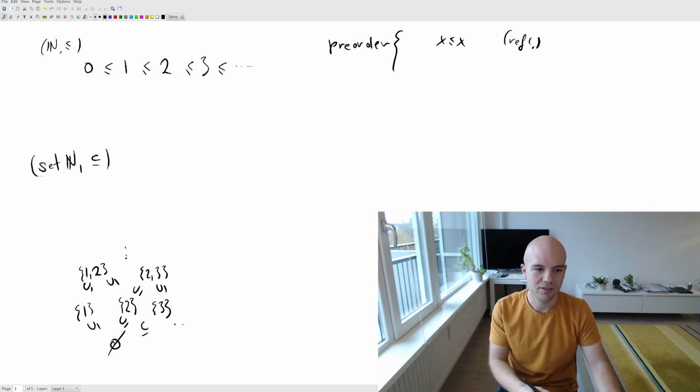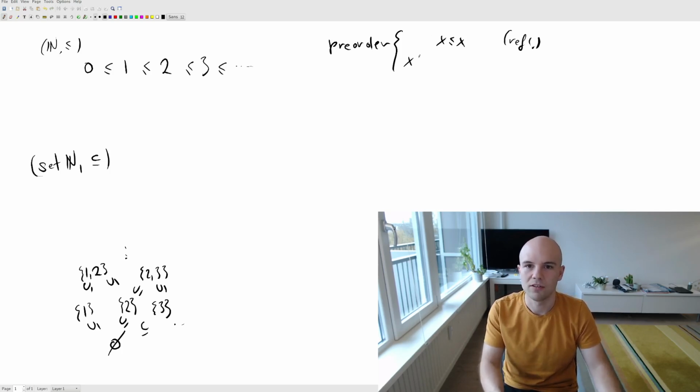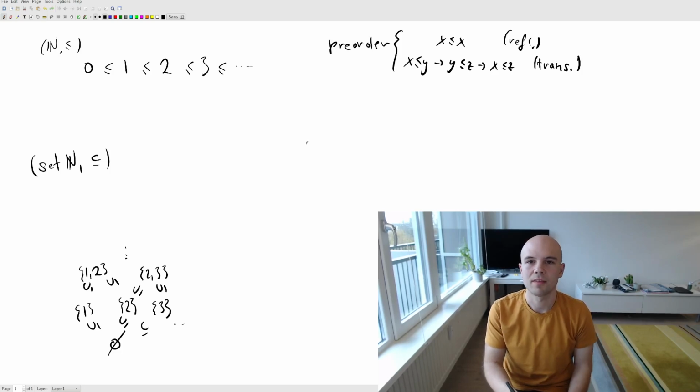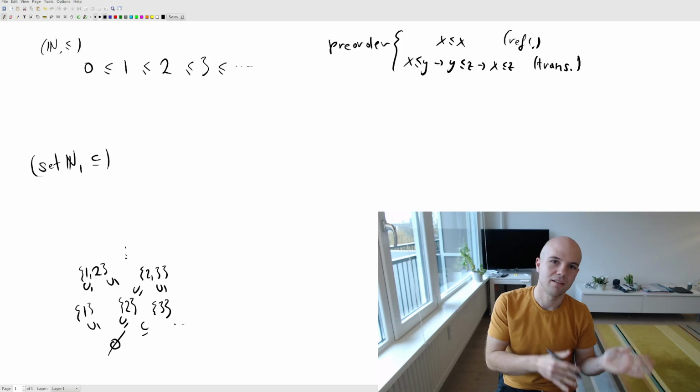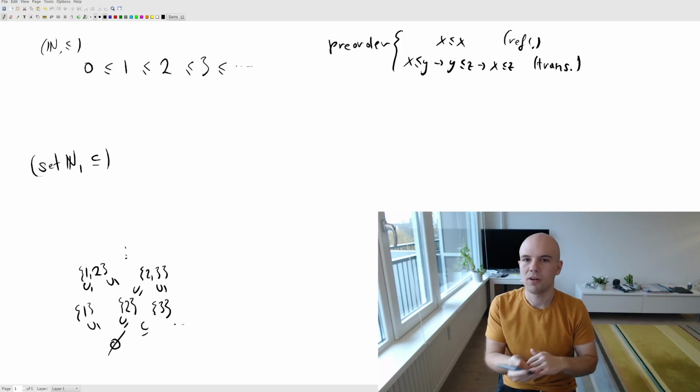And similarly here, if the empty set is a subset of the singleton 1 and the singleton 1 is a subset of the set 1, 2, then also the empty set should be a subset of the set containing the elements 1 and 2. Transitivity.